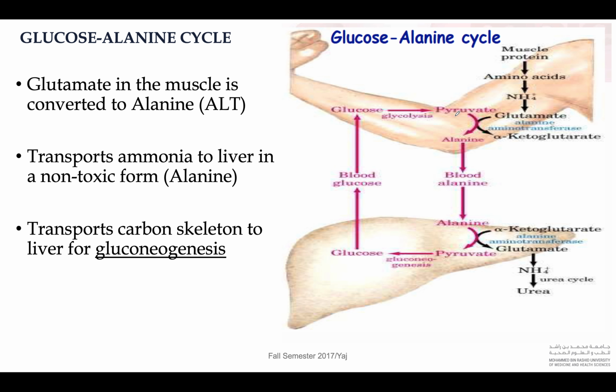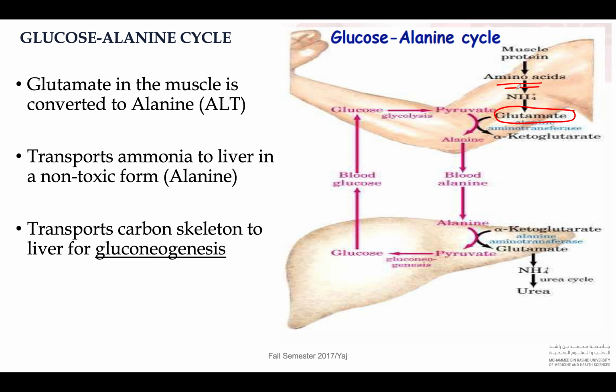In the muscle, we have already talked about this. I think you already know the glucose-alanine cycle. So here, amino acids release ammonia, and this is taken up by glutamate. We will look at this reaction in detail in the next lecture.